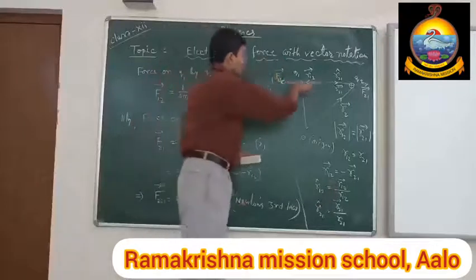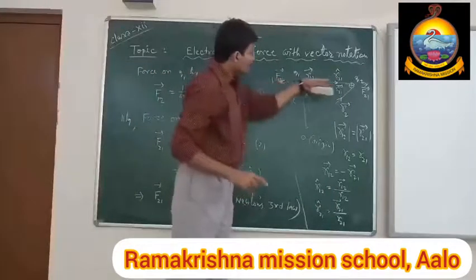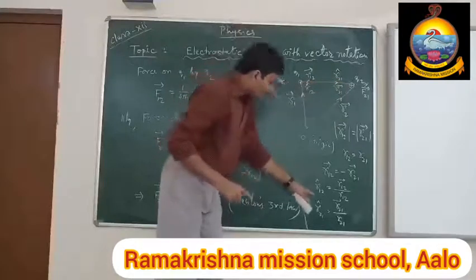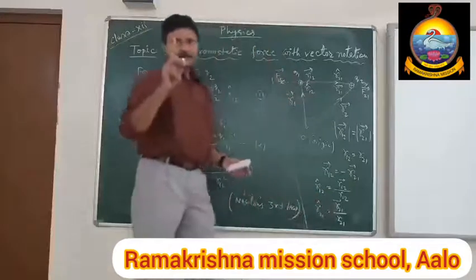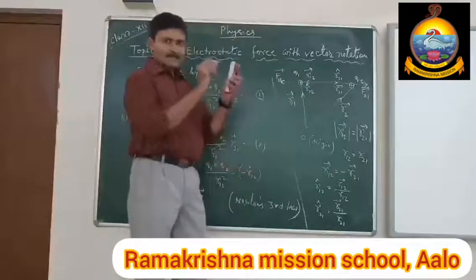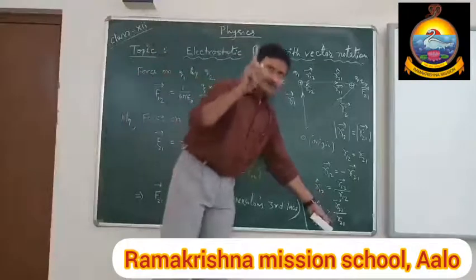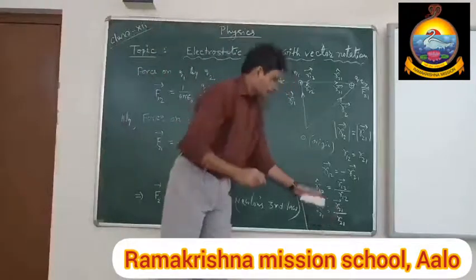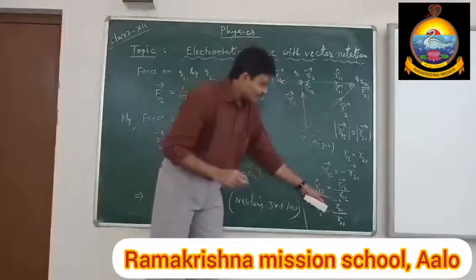Similarly, r21 cap shows the direction from q1 to q2, and r21 cap is equal to r21 vector by r21. We get magnitude one when the same thing is divided by the same thing. So when r21 vector is divided by r21, the magnitude is 1, and the vector sign converts into cap.